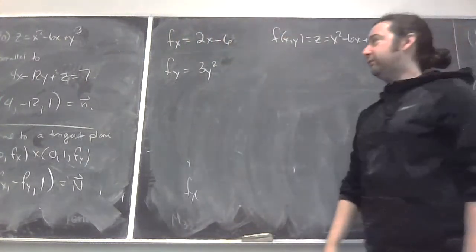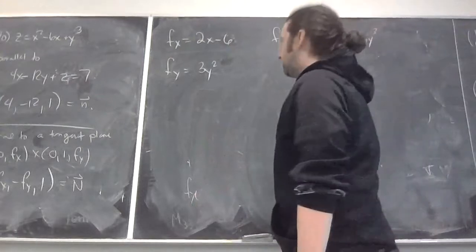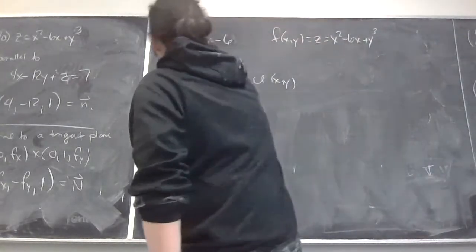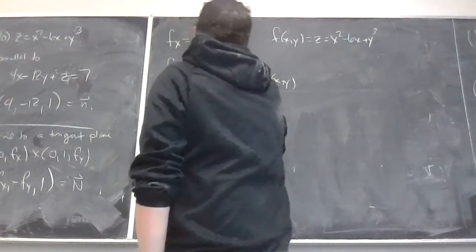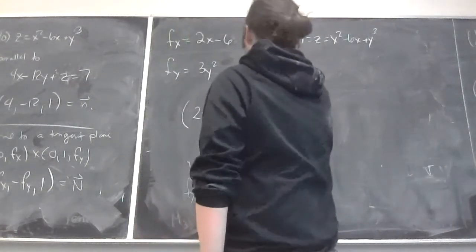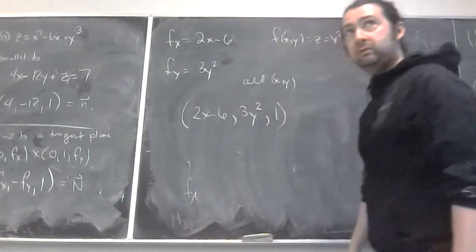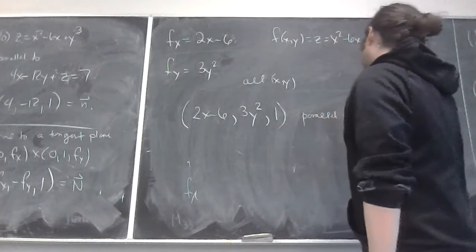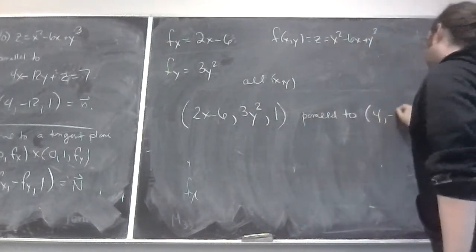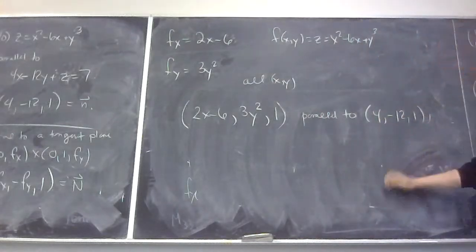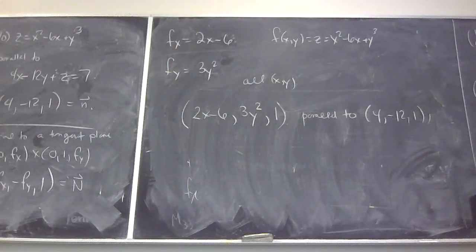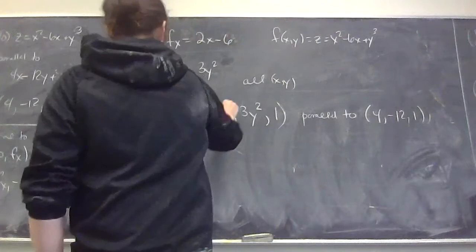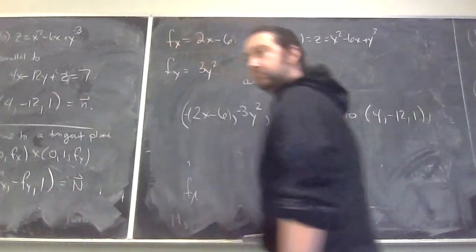And so now what we're looking for is places, for all x and y, where 2x minus 6, 3y squared, 1 is parallel to 4, minus 12, 1.